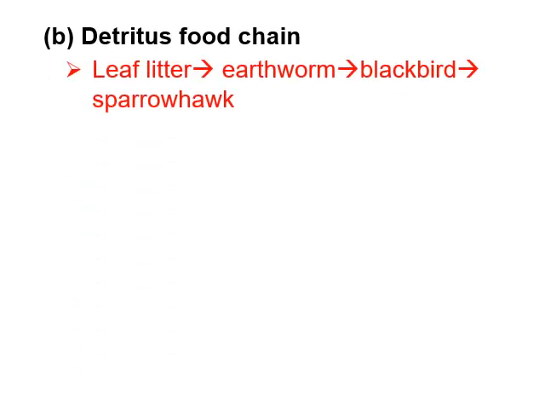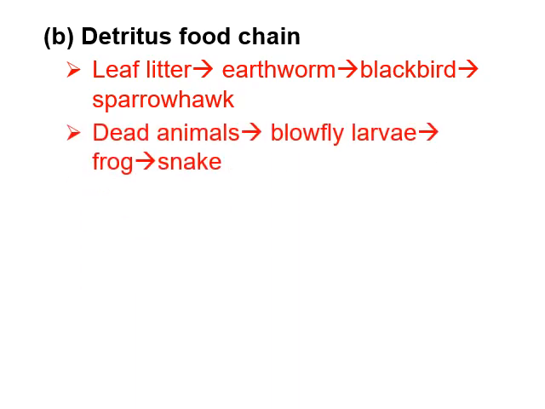Okay, what else do we have? Detritus food chain. Okay, sebagai contoh leaf litter, daun-daun yang mati kat dalam hutan. Okay, yang ada pada permukaan tanah. Okay, dalam tu kawasan tu ada cacing. Cacing boleh dimakan oleh birds, and then birds makan by sparrowhawk. Okay, so dead animals.